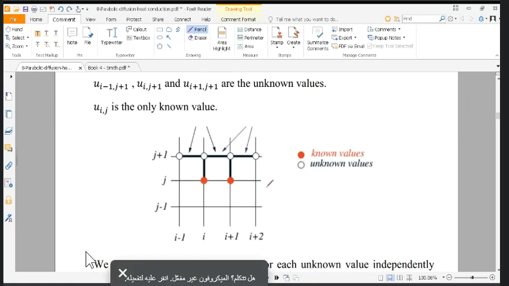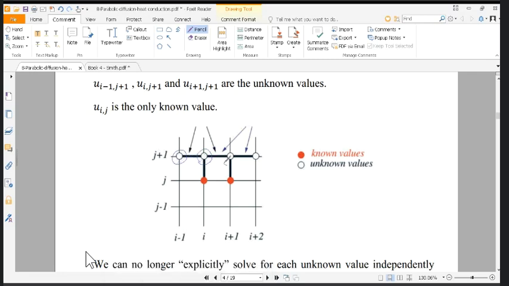It means we need the values at i and j plus 1, i minus 1 and j plus 1, and i plus 1 and j plus 1, and all of them are unknown. Then we cannot compute each point at t j plus 1 directly. Okay?